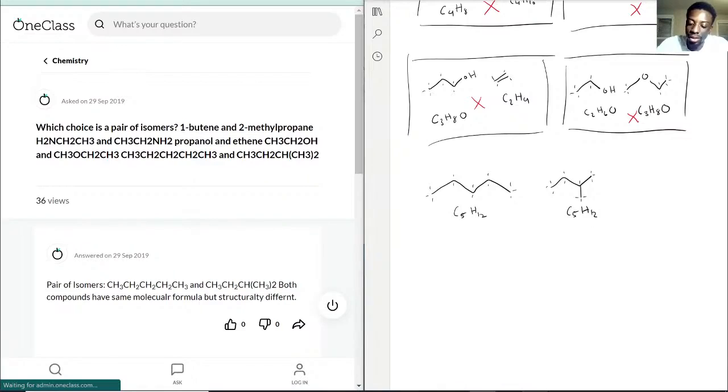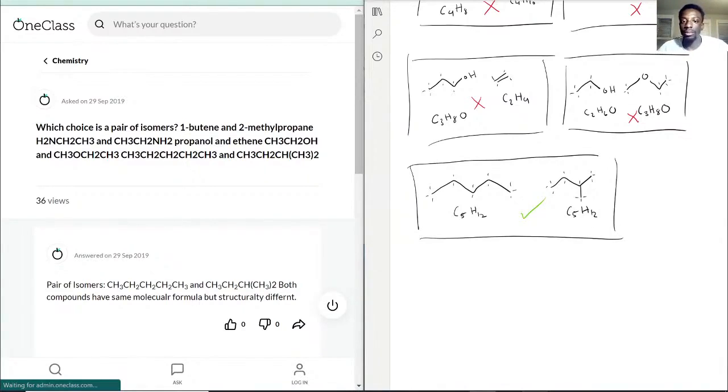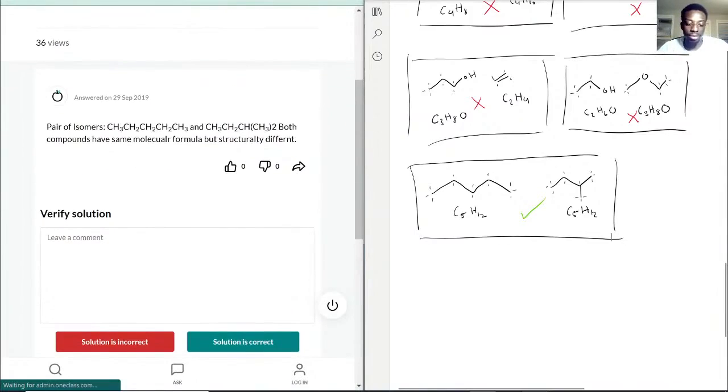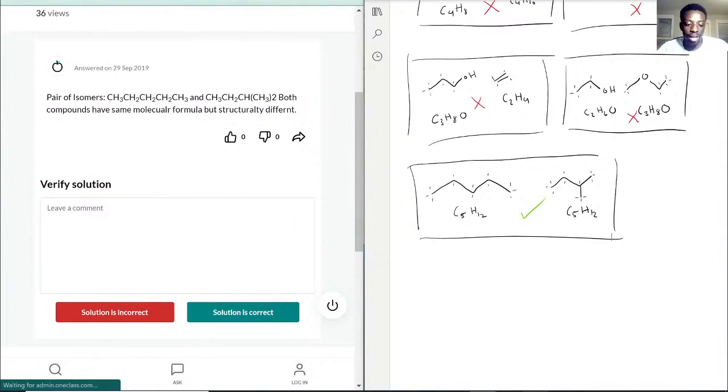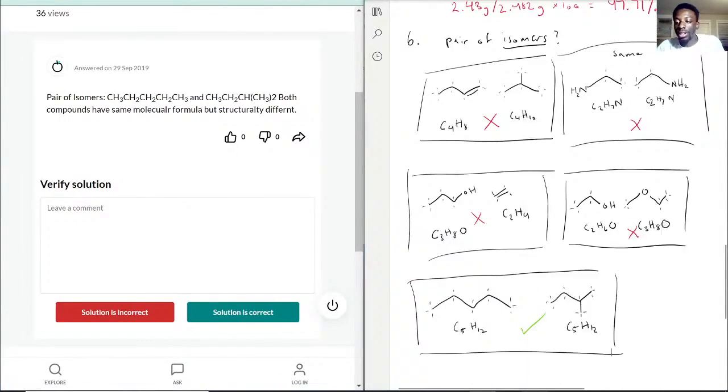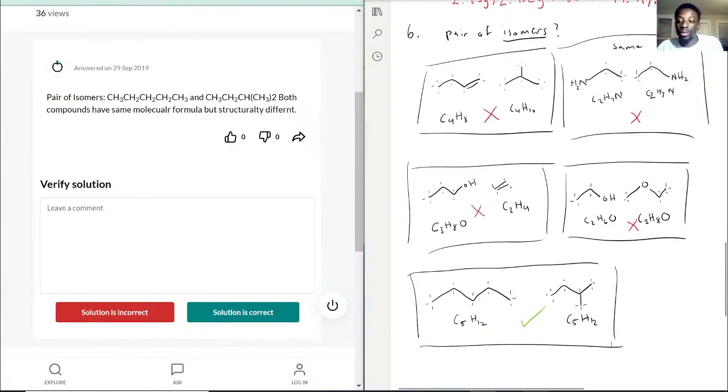So this is actually the only isomer pair here because it has the same constituents, and that is correct. These are constitutional isomers. These are the only pair of isomers because, remember, this is the most important one: same does not count. If it's the exact same structure, the same thing just rotated, that is not an isomer. That's just the same compound.